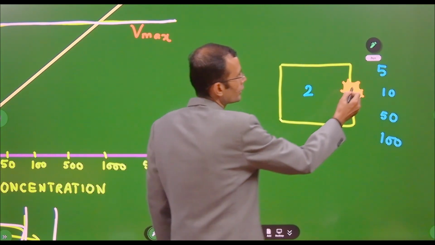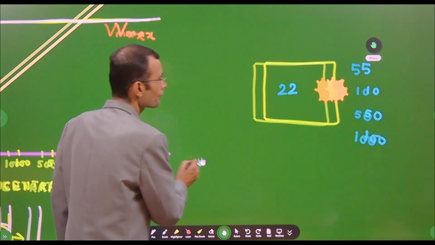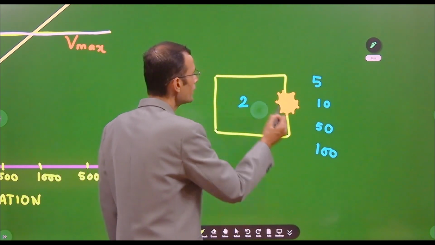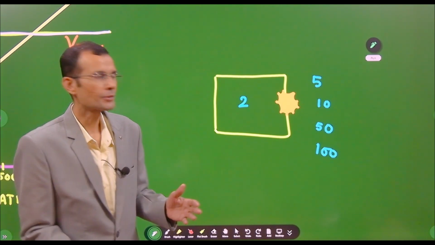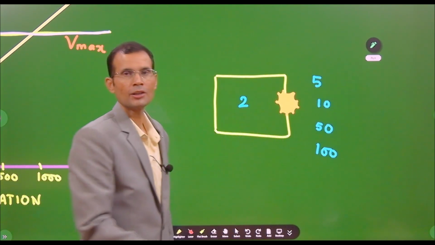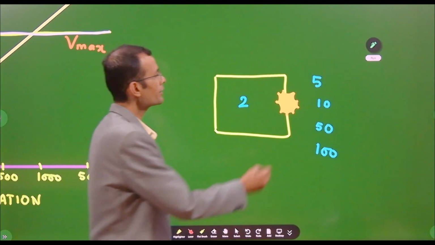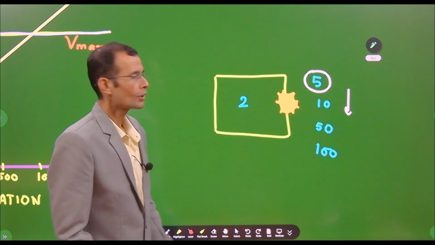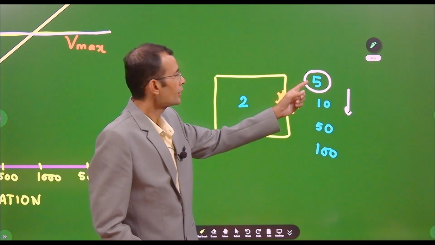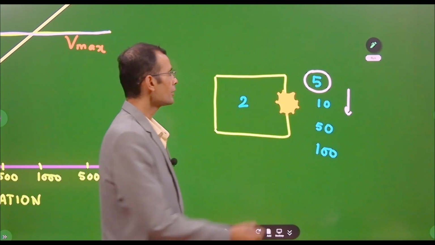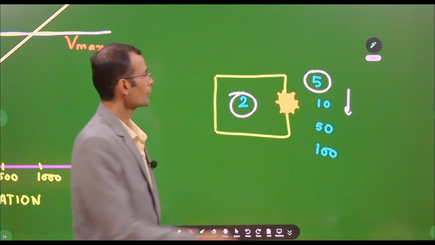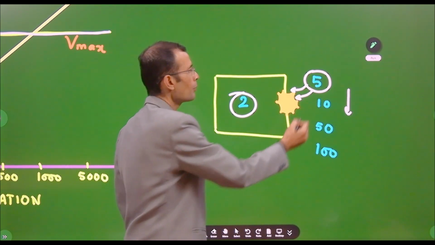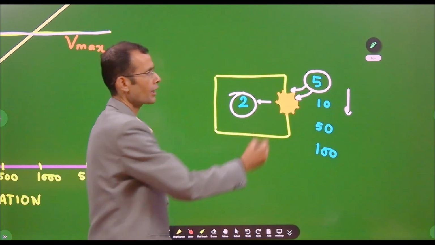So here is a carrier, and there is a particular substance on the outside and inside of the cell. You can see here concentration on one side is being increased. So initially 5 millimoles per liter and inside is 2. Therefore the substance will bind to the carrier and will be transported.